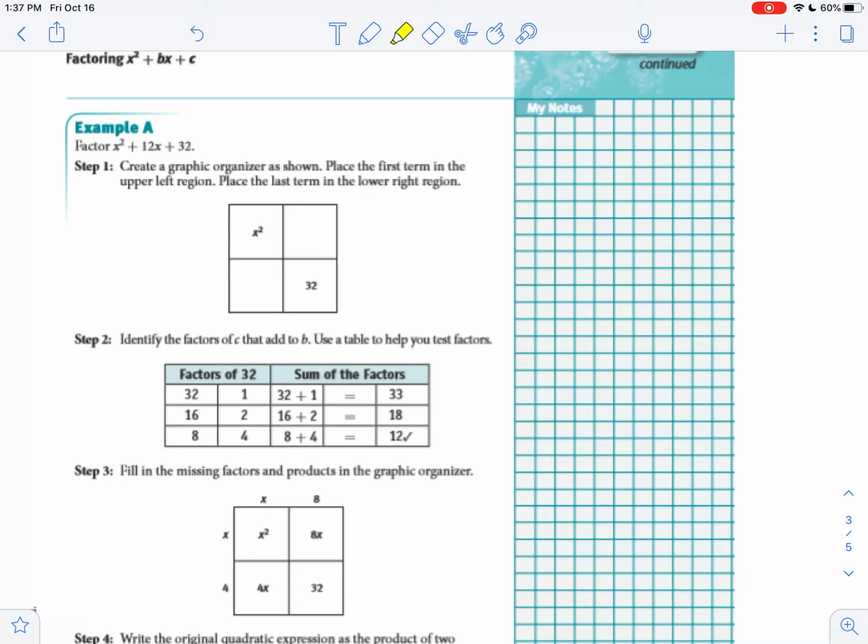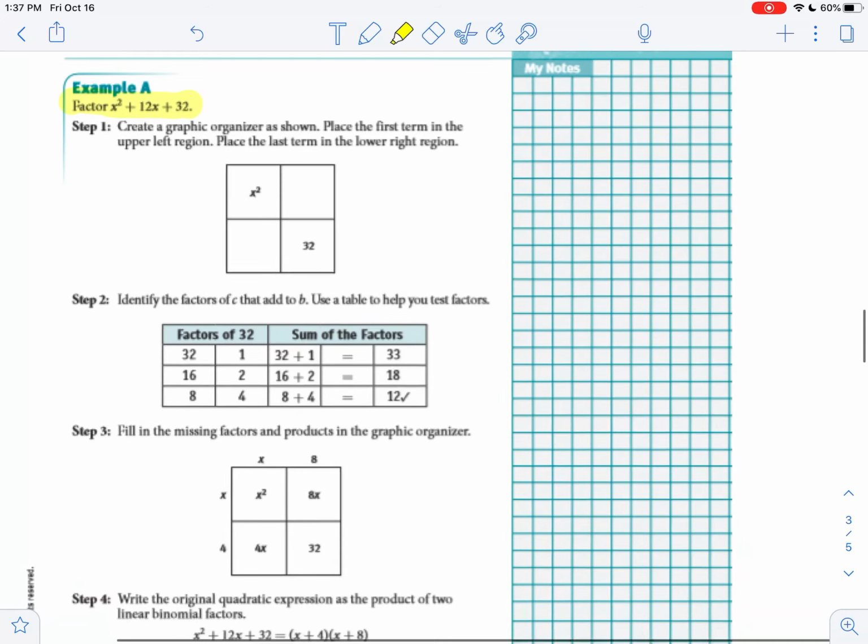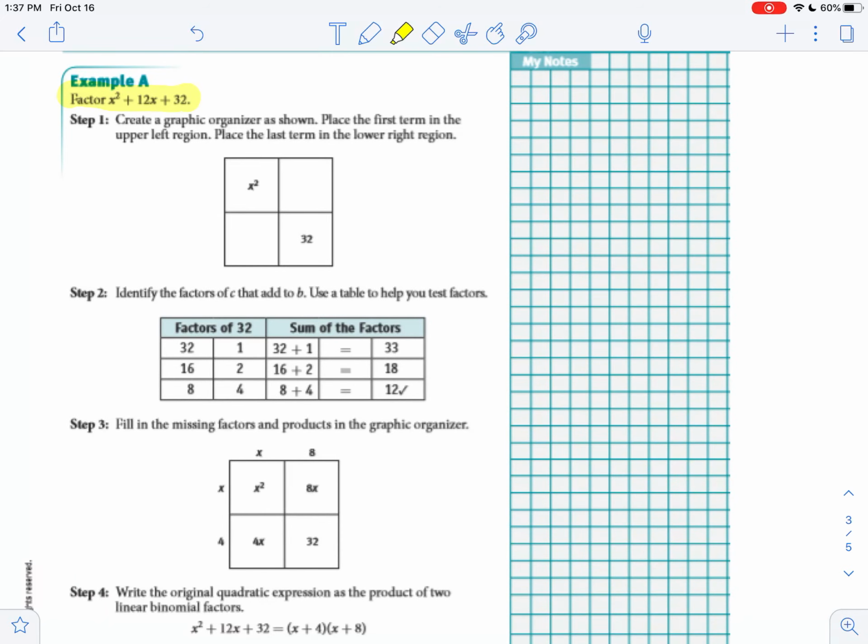So on the next page, we have a trinomial, and it's an example of using a box to do your factoring. And we won't do this very often, but it's good to look at one of these. It's a graphic organizer, and we know that the first term is x squared, and the last term is 32. And what we want to do is identify some factors of c that add to b.